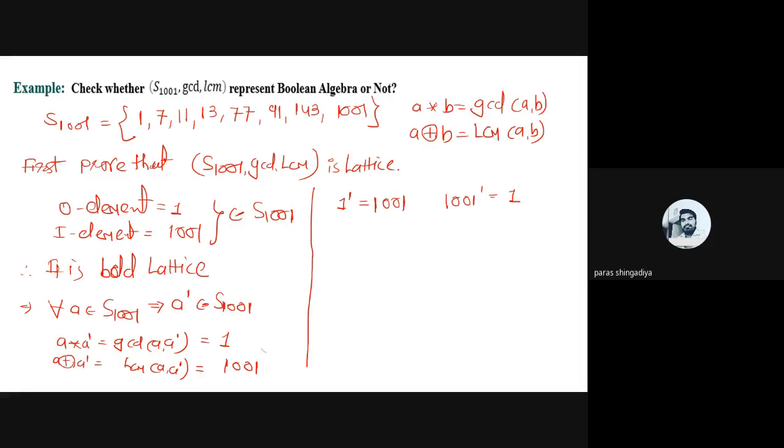ठीक है, then after, next number, 7 dash. Okay, so which number is the complement of 7? Does anyone reply? Which number is the complement of 7?